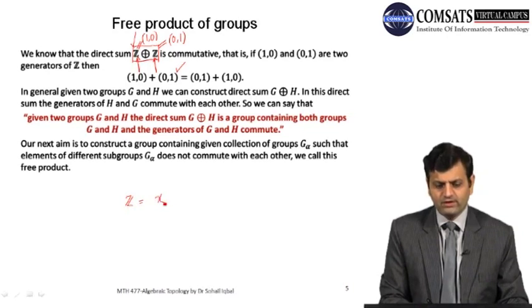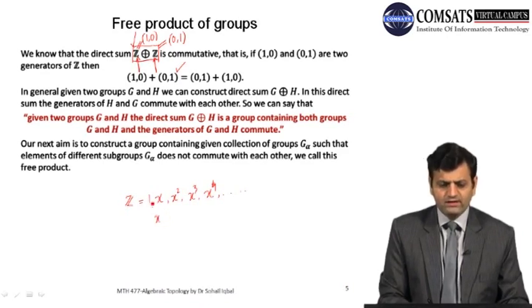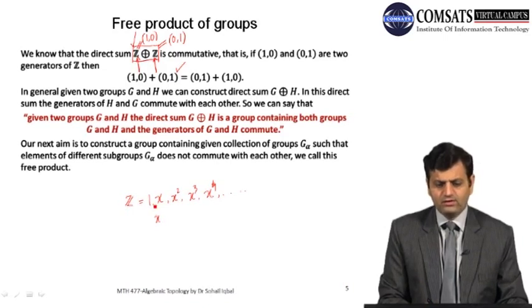For example, I can write x, x squared, x cubed, x^4, and so on, and of course 1 and the negative powers of x. So we can say that this is an infinite cyclic group, or a free group on one element. Z is basically equal to the free group generated by A, where A is only one alphabet x.